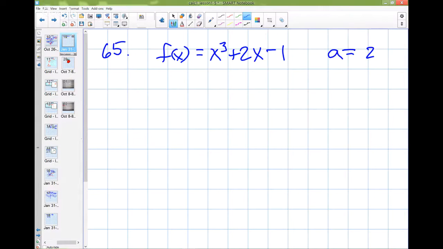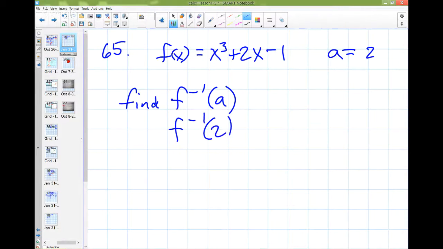Now if you look in the directions, it says in 65 to 70, find f inverse of a. So in this case, what's f inverse of 2? Now I'm going to tell you, this is a real stinker to find the inverse of.